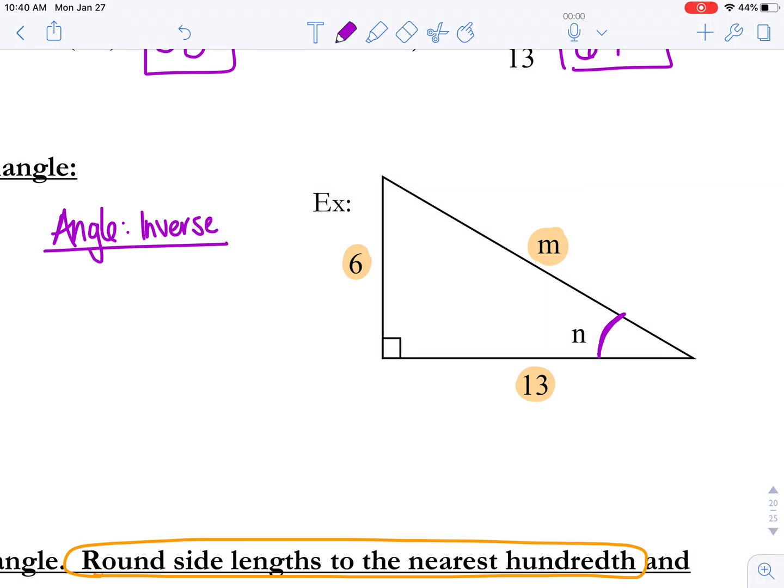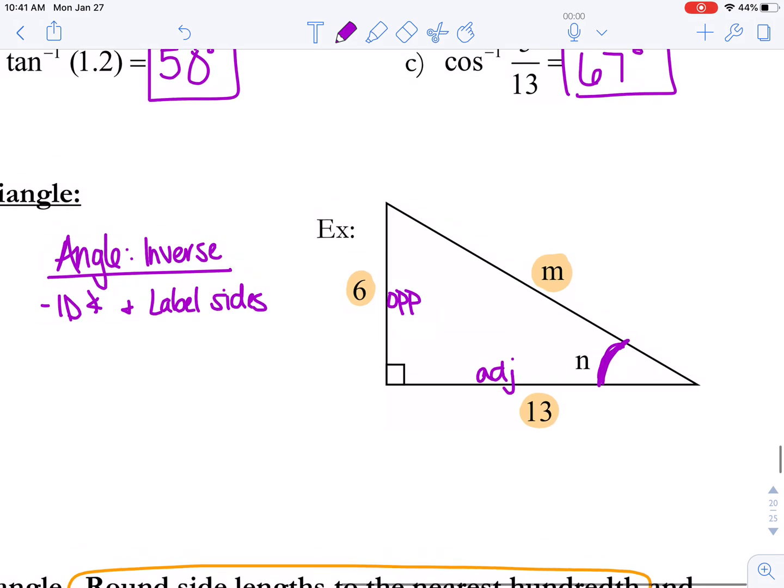So first thing you want to do is identify the angle that you're trying to solve for, and then label the sides that you're given. So if we're focusing in on angle N, 6 is our opposite side, 13 is our adjacent side. So then we think of which trig function in SOHCAHTOA uses opposite and adjacent?